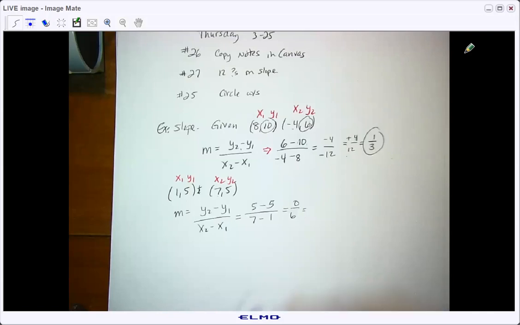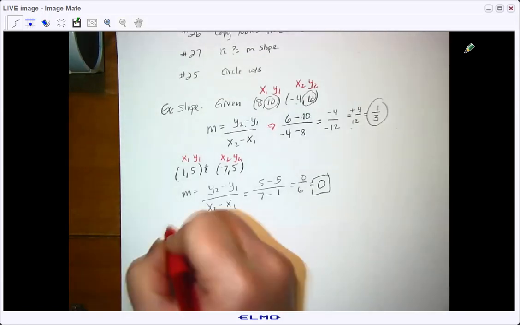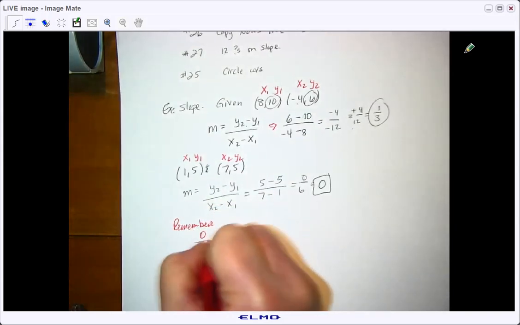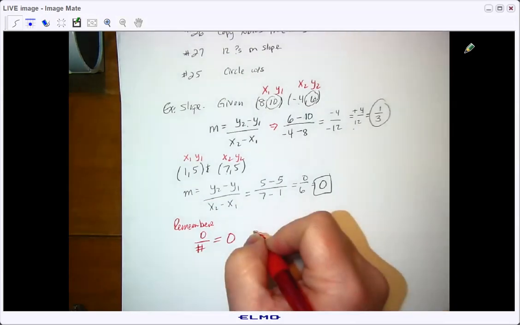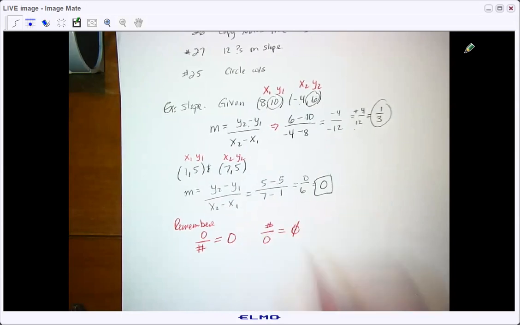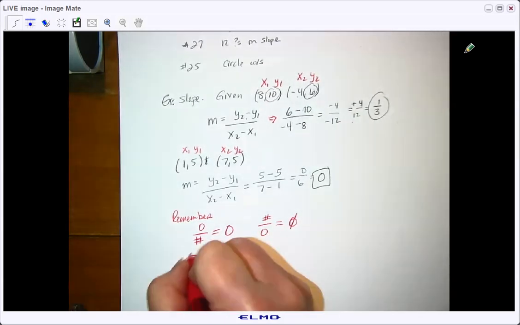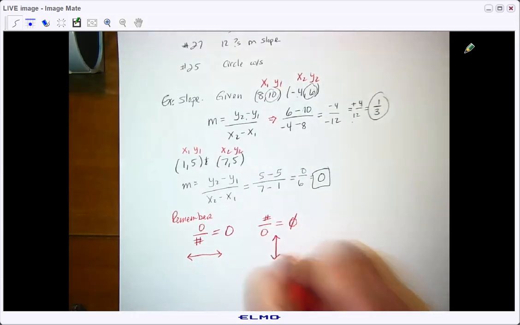Okay, so 0 divided by any number is 0. Done. But remember, and this is part of the notes, that 0 divided by a number is 0. But a number divided by 0 is undefined. And the difference when we're talking about slope is this is a picture of a 0 slope, and this is a picture of an undefined slope.